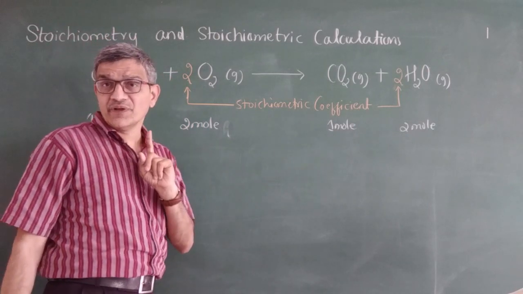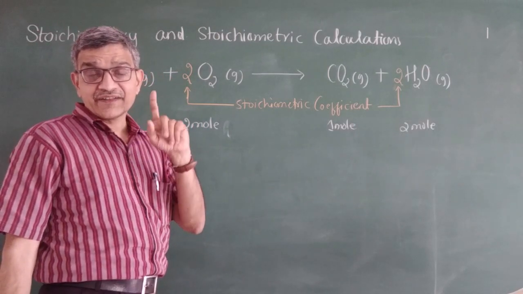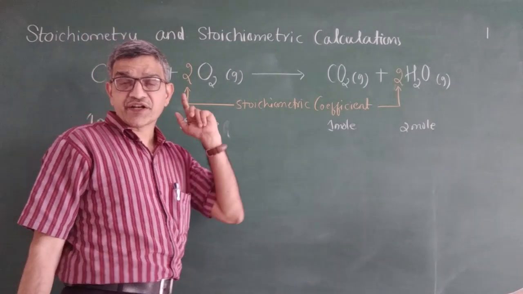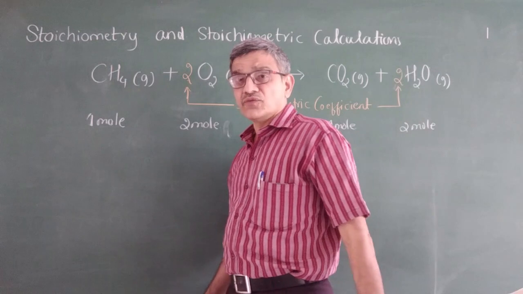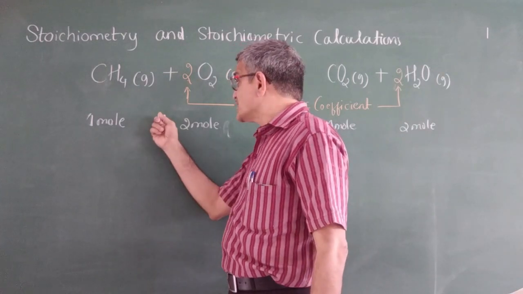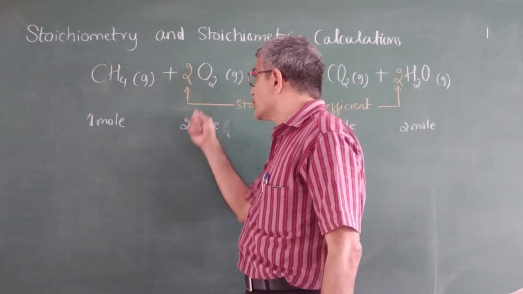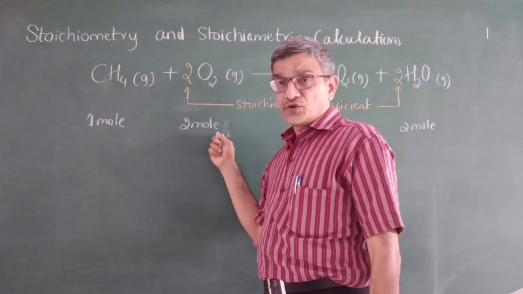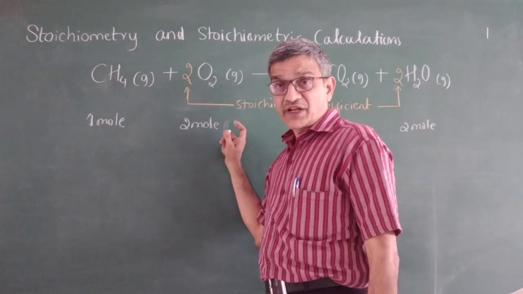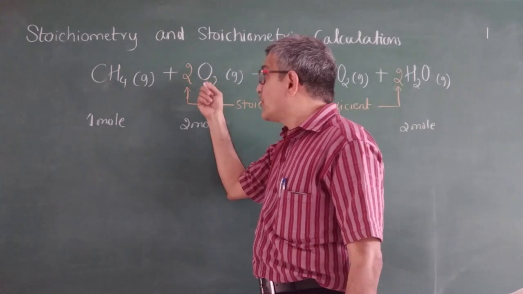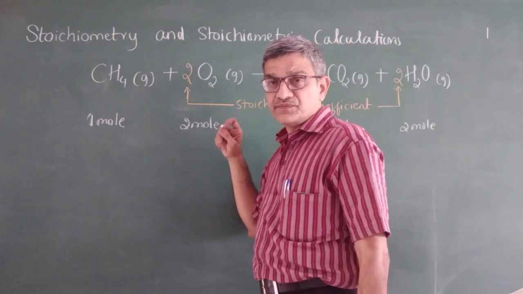We know what 1 mole means. 1 mole is not 1. It is 6.022 into 10 raised to 23 methane molecules. It reacts with 2 moles of dioxygen. 2 moles of dioxygen means 2 into 6.022 into 10 raised to 23 oxygen molecules.